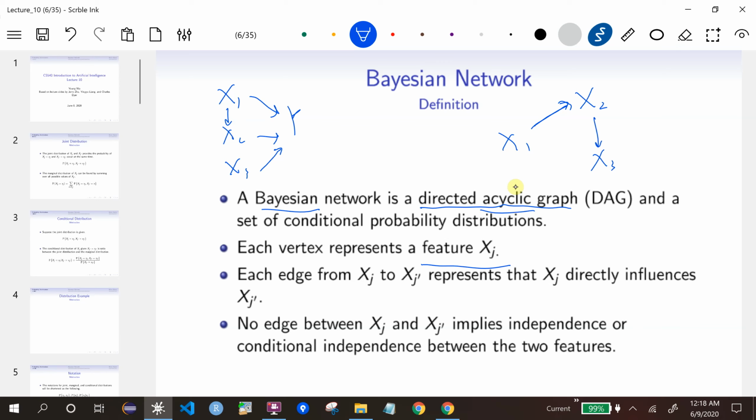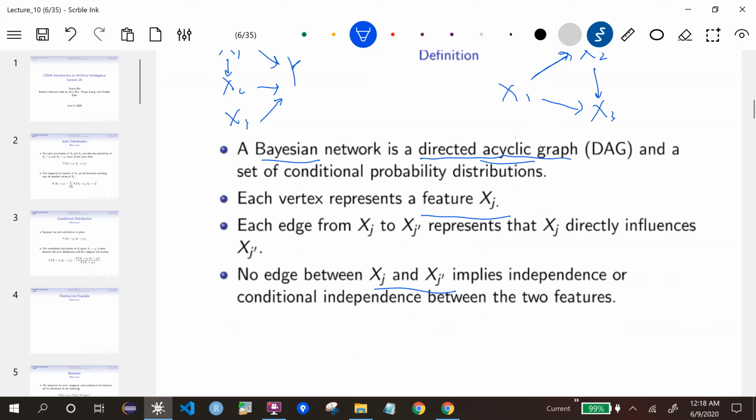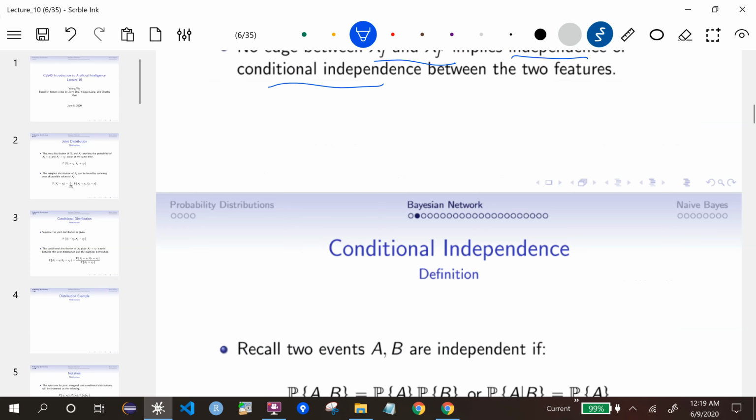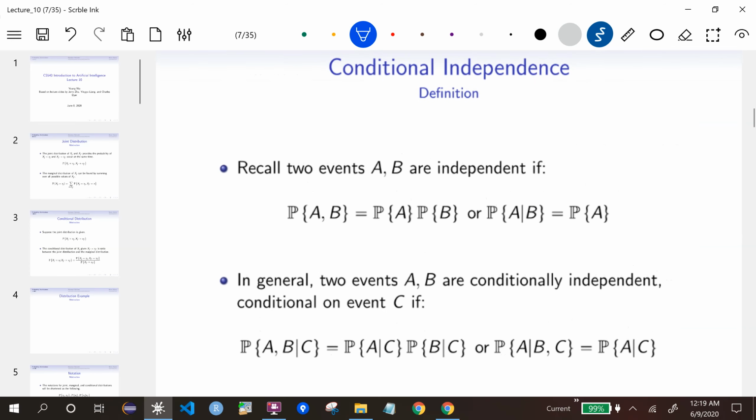That's why we want an acyclic graph. So something like this is okay: x1 is causing both x2 and x3, and x2 is also causing x3. And if there are no edges, it means these variables are not related. They are independent. Of course, we need to explain what statistical independence and conditional independence mean, so I will talk about this.